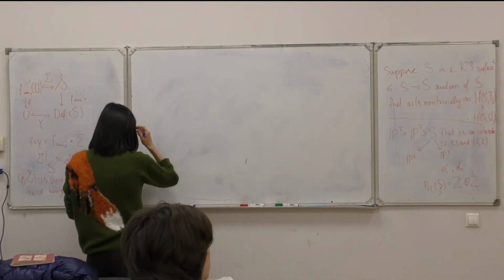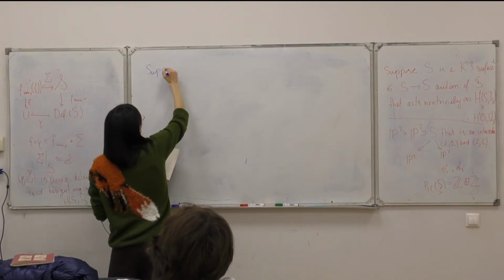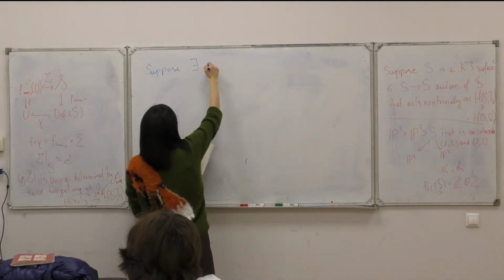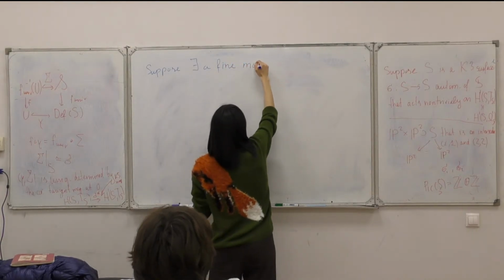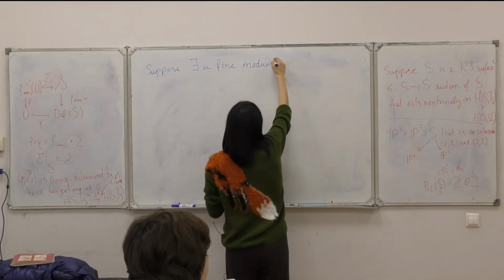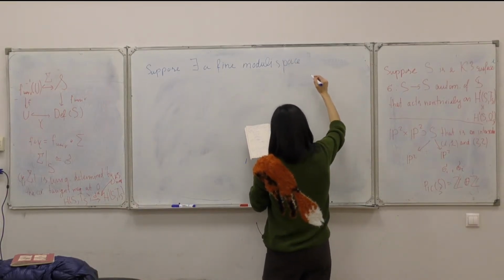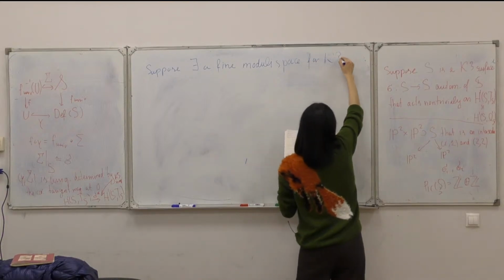Okay. And now we suppose that there exists a fine moduli space for K3 surfaces without marking, just for K3 surfaces.